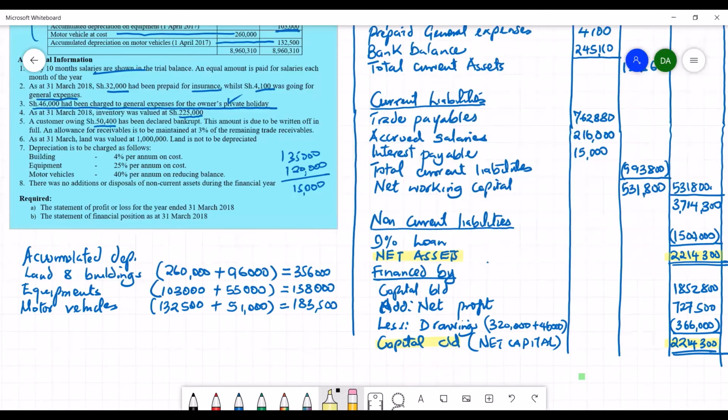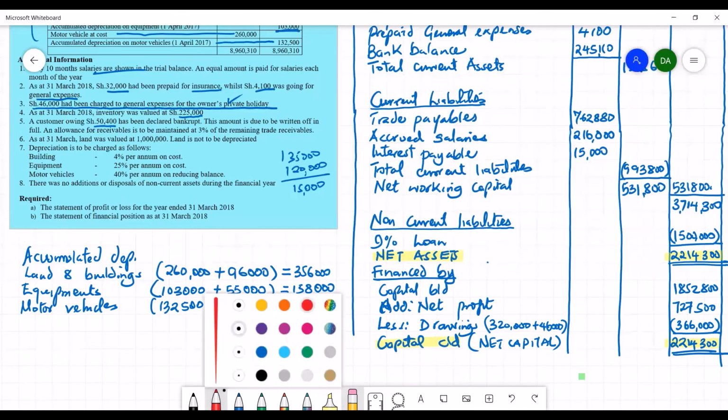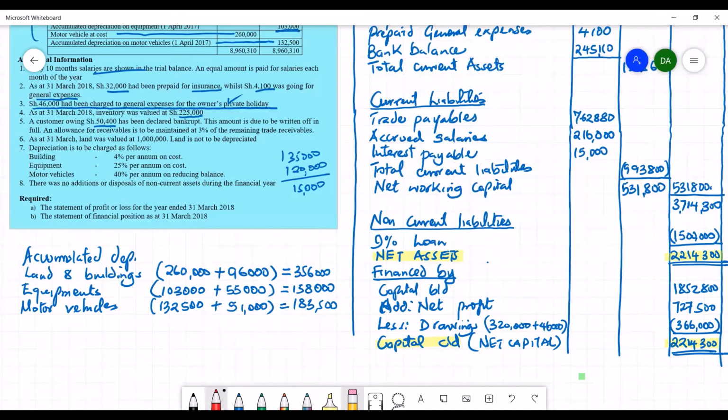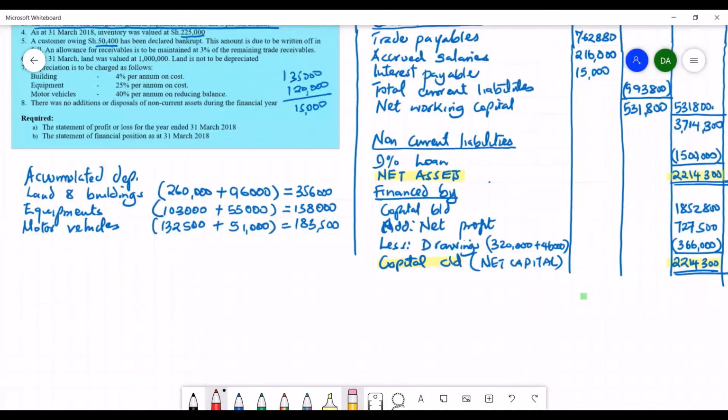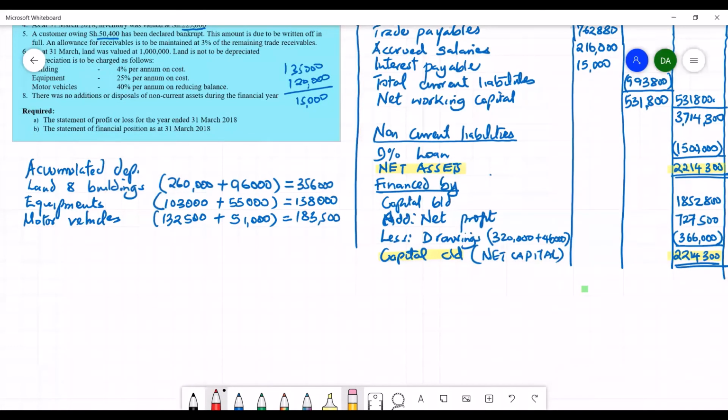So the capital of the business is equal to net assets. Remember, from the accounting equation, net assets is equal to assets minus liabilities, and assets minus liabilities equals capital.